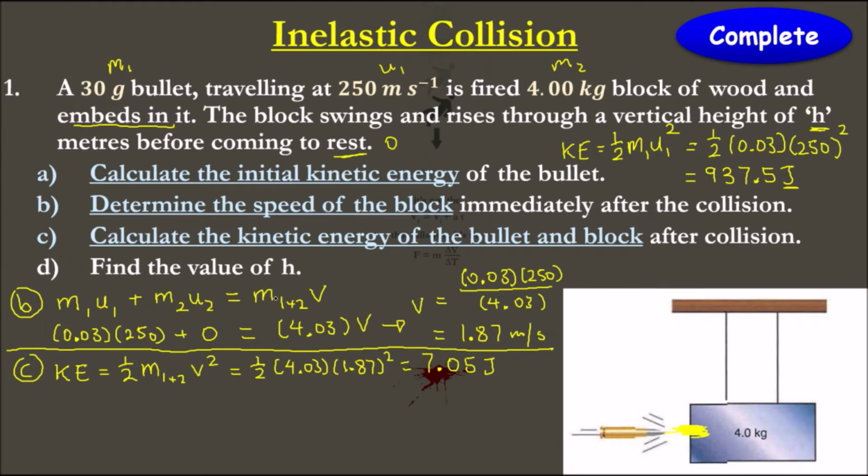Question D, it says find the value of h. Now remember the scenario we talked about before. When they collide, the bullet is going to force the pendulum upwards, sort of like in a circular arc, and it goes like this. So it's going to reach some certain height from there.